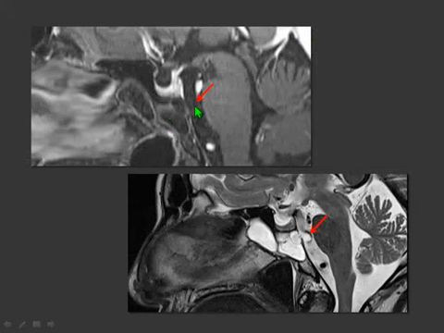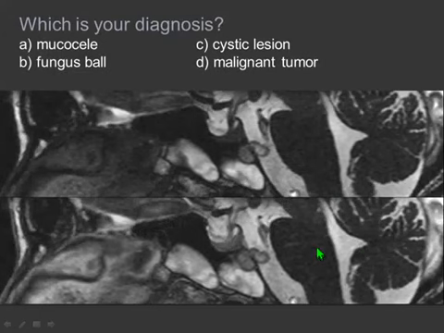We can see the sagittal plane, injected gadolinium, and see that in this situation we don't have any enhancement. We have this hourglass lesion located partially inside the sphenoid sinus and partially inside the posterior fossa. I said reconstruction, therefore in this case you have a very precise demonstration of the hourglass appearance of this lesion.